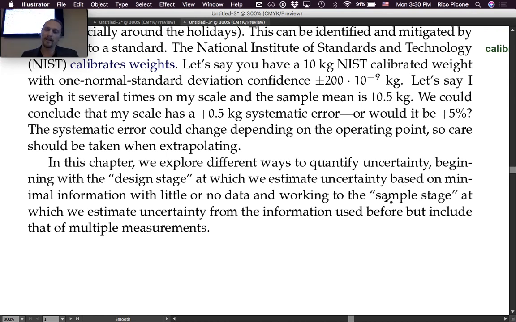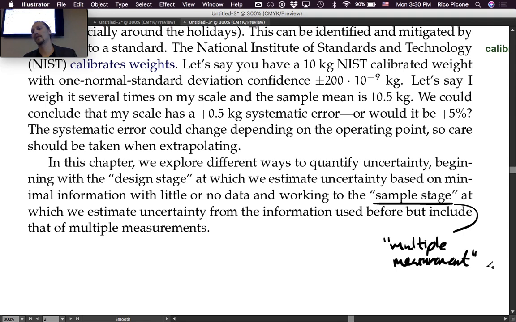So they call this multiple measurement uncertainty. But their handwriting's better.